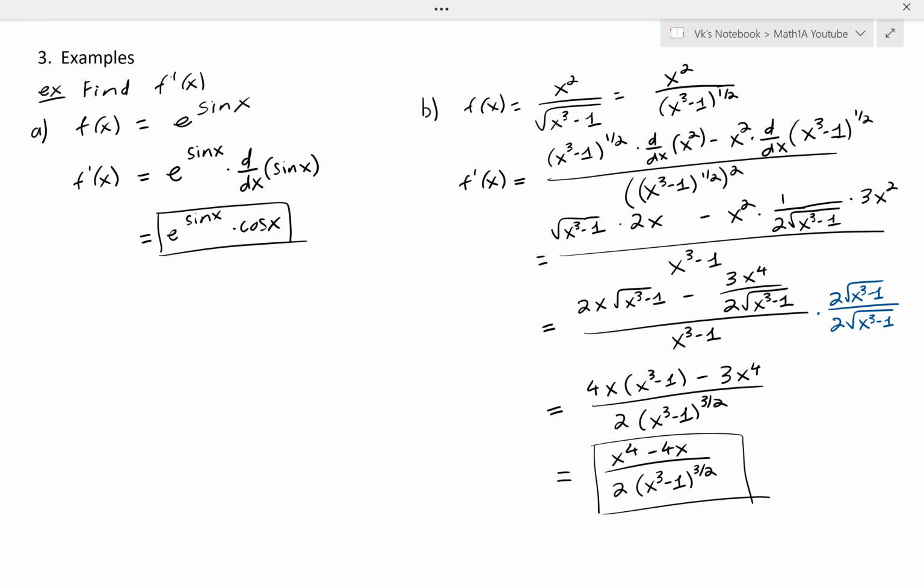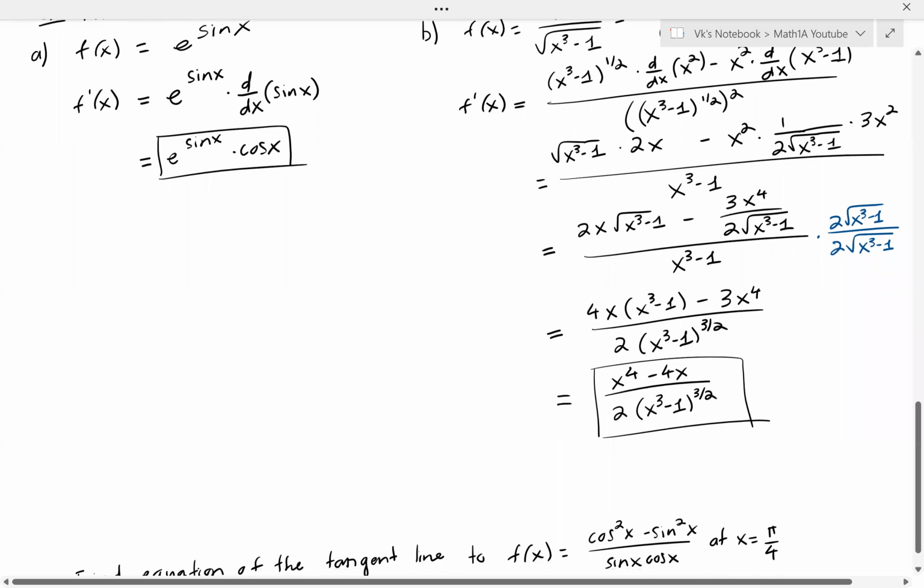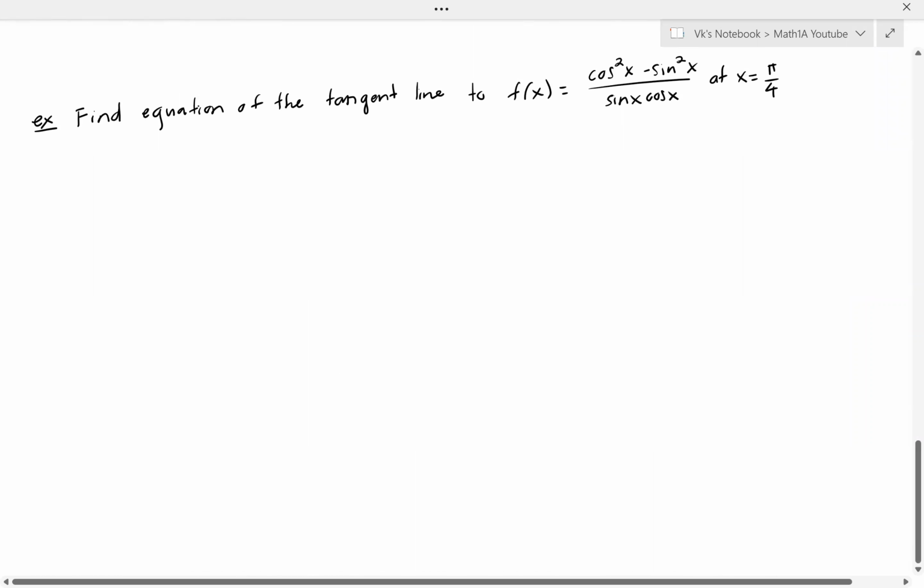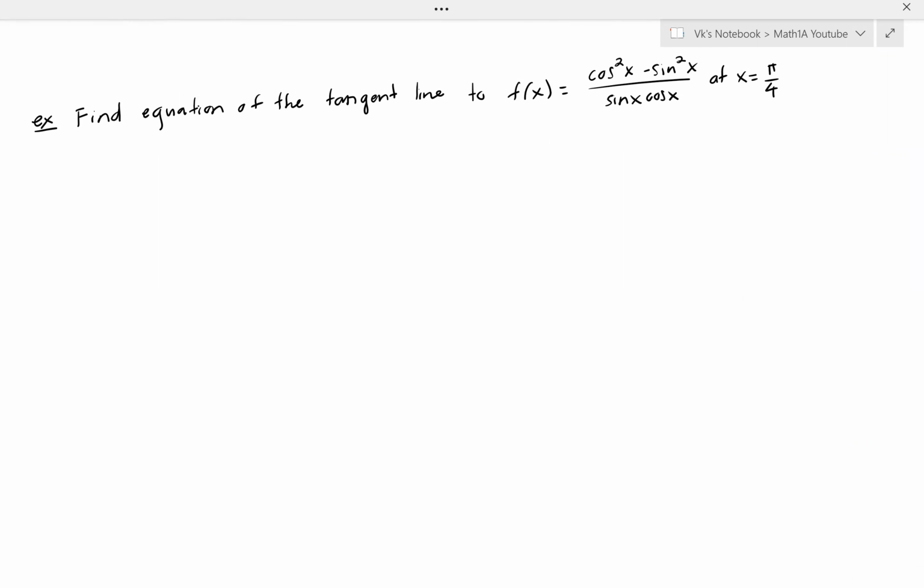Let's take a look at another example. In this one, we're going to figure out the equation of the tangent line to the curve f(x) equal to cosine squared x minus sine squared x over sine x cosine x at x equal pi over 4.